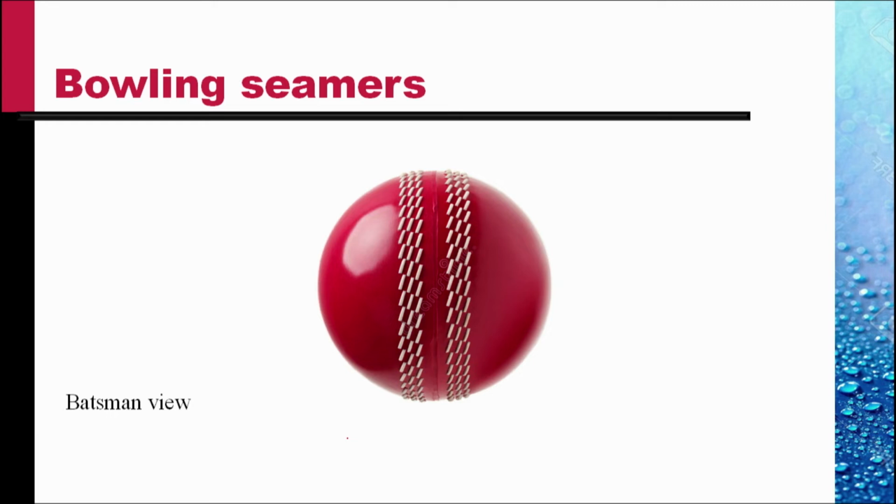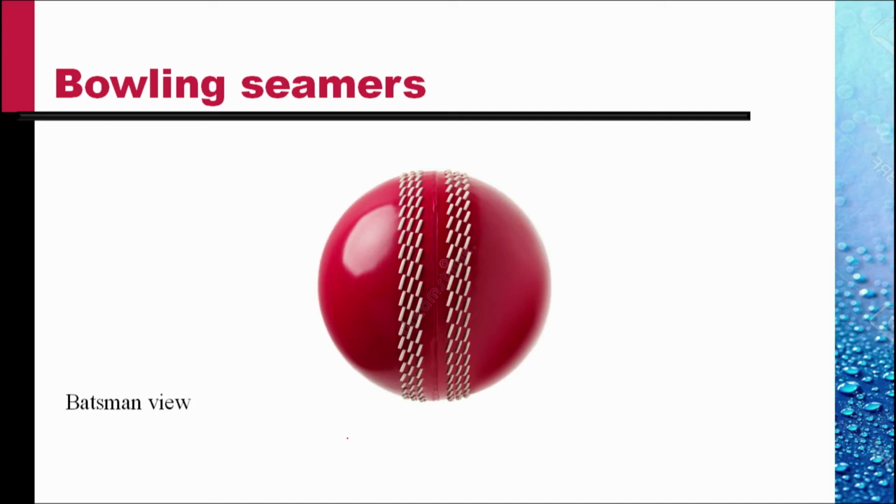While bowling seamers, the bowler spins the ball about the horizontal axis by rubbing the fingers against the seam as he delivers the ball. The ball is spinning with the seam vertical.